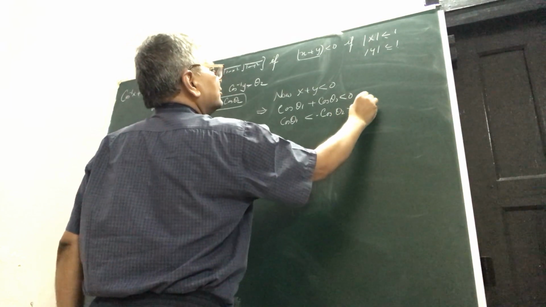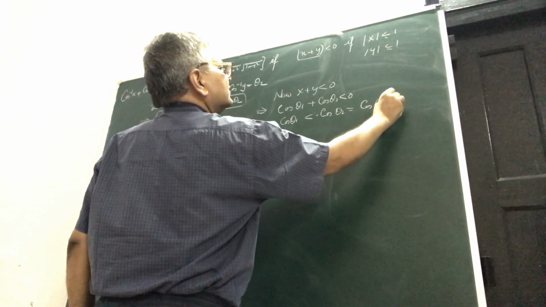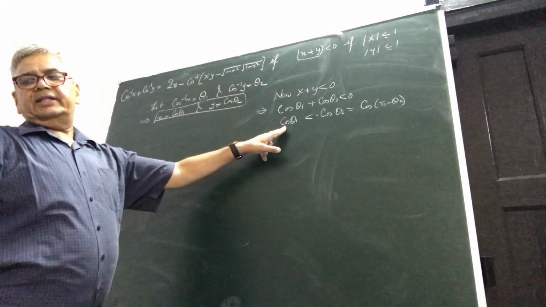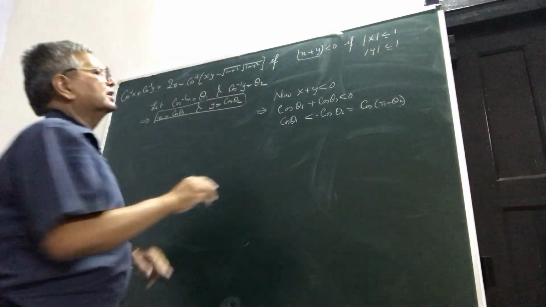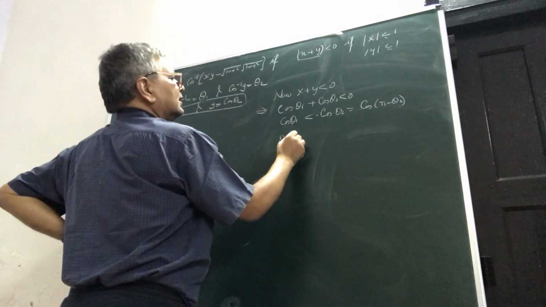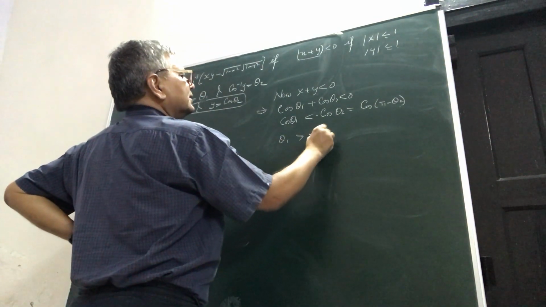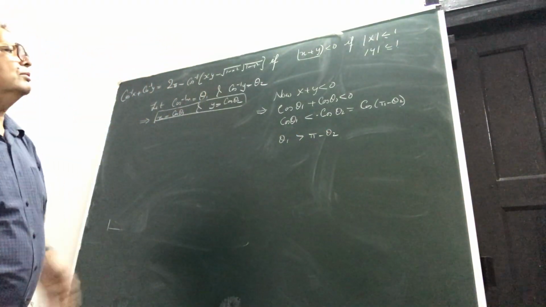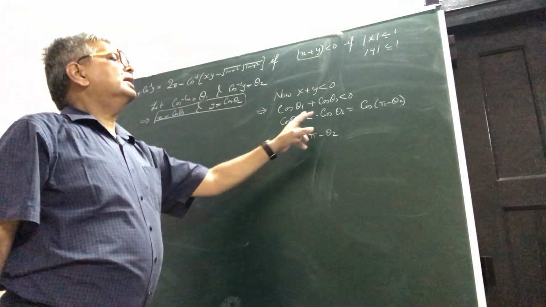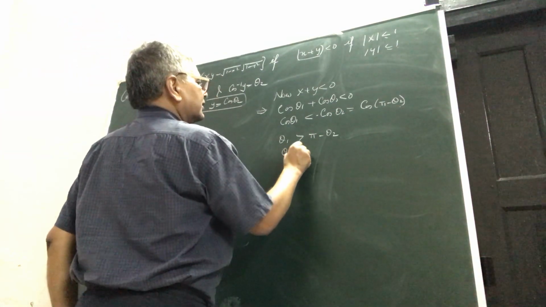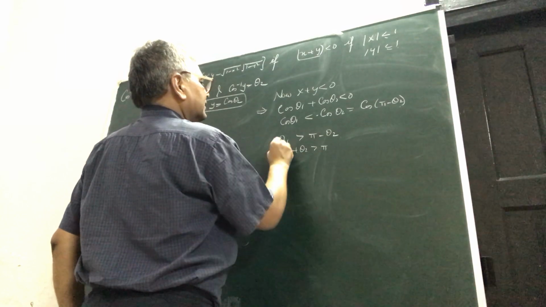Minus cos theta 2 you will write as cos of pi minus theta 2. And since you have seen that cos theta is a decreasing function, theta 1 is greater than pi minus theta 2, implying that theta 1 plus theta 2 is greater than pi.